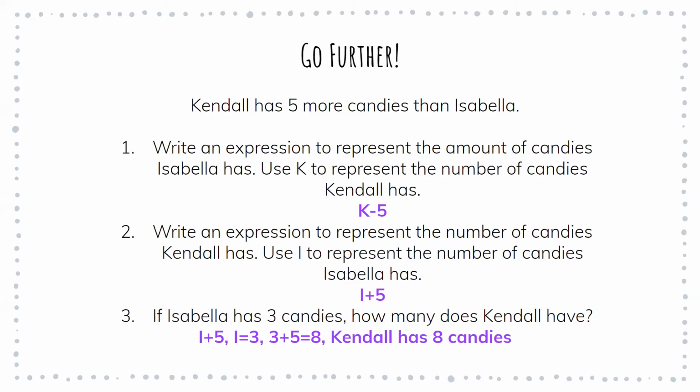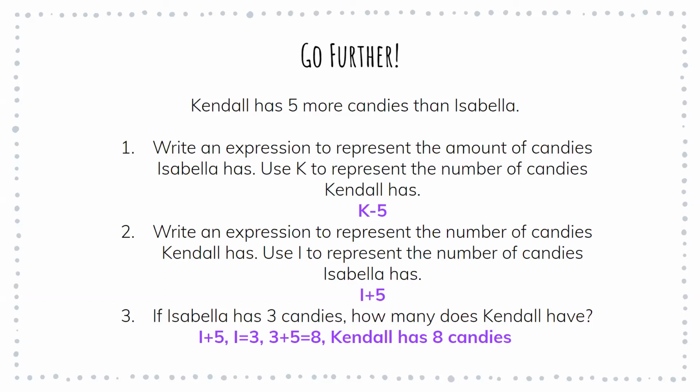So if Isabella has 3 candies, we are going to be plugging in 3 for I, because she has 3 candies, and our expression is I plus 5. So we plug in 3 for I, which gives us 3 plus 5, and that answer is going to be 8, which means Kendall has a total of 8 candies.